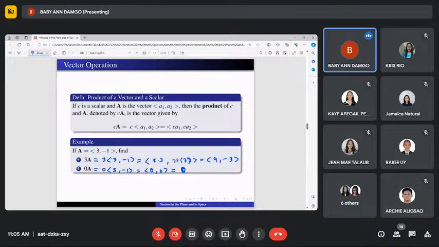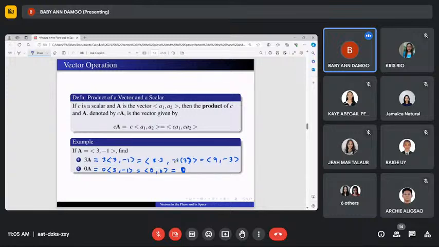So we add, this is A sub 1, A sub 2. Okay? So this is equal to A itself. So the existence of the additive identity.